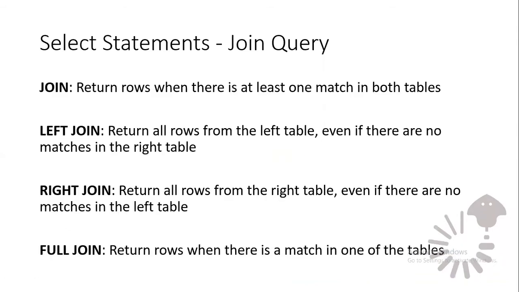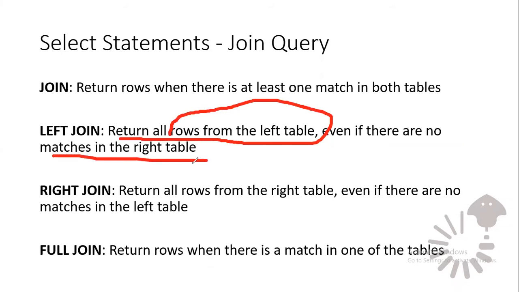Different types of join. Meron tayong left join, right join, partial join, full join. So sa left join, it returns all rows from the left table. So lahat ng nandun sa left table, kahit walang match dun sa kabila, plus yung match dun sa kabila.